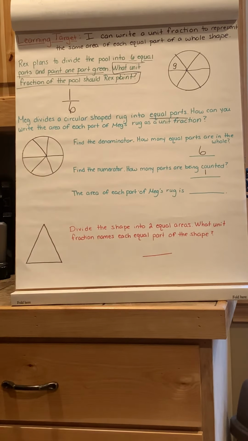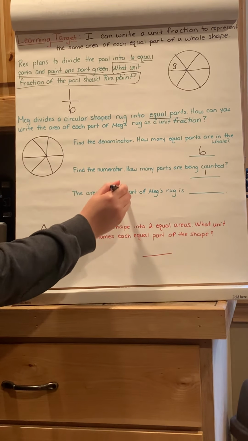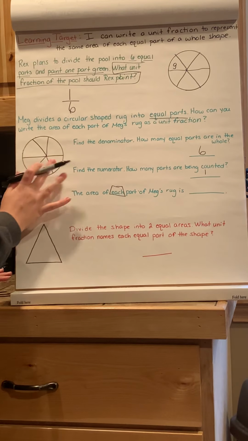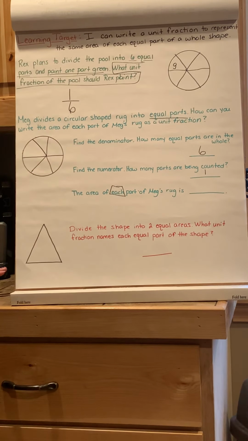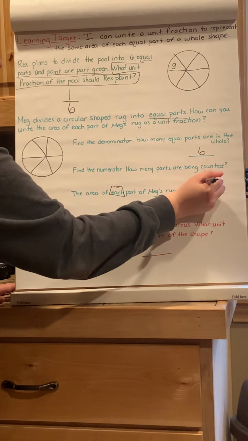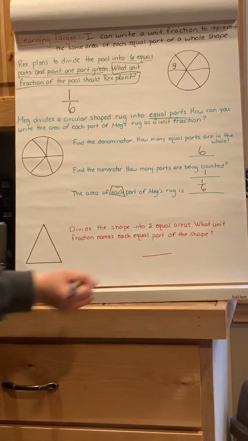So the area of each part, notice when they're saying each, we're talking about every single one of these. If I'm just counting each of them, so 1 part of them, the area of each part of Meg's rug is going to be 1 sixth.